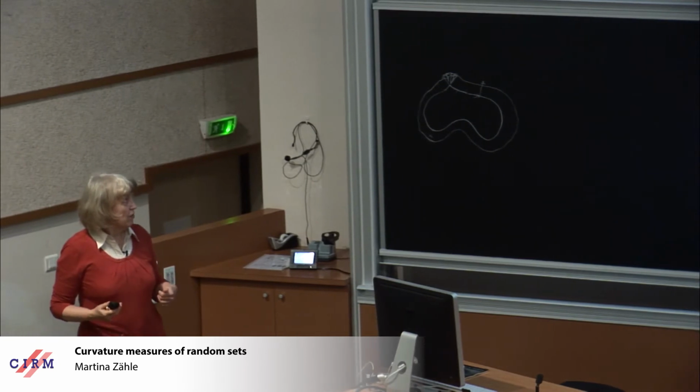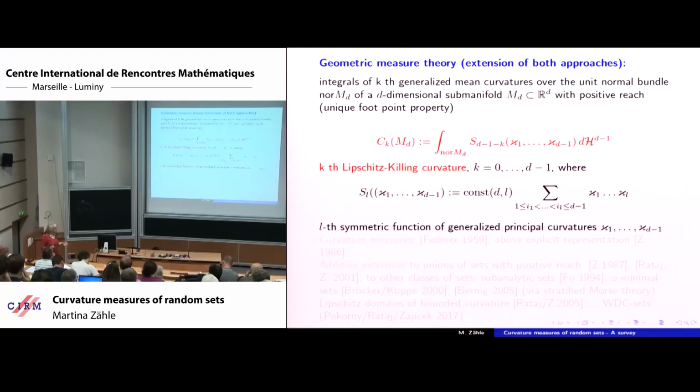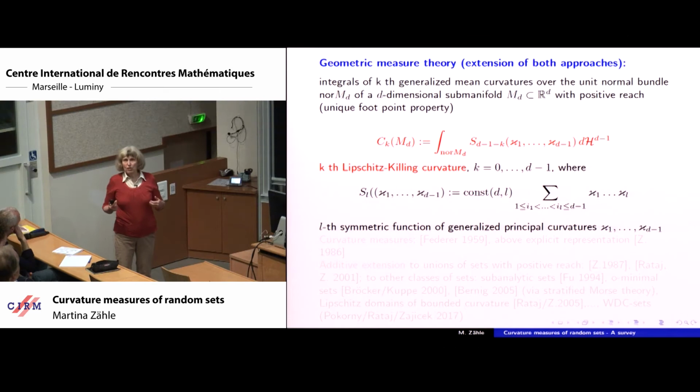And if you integrate over this unit normal bundle, which appears to be a rectifiable set with respect to the Hausdorff measure of dimension d-1, always, independent of the dimension of the set, then you integrate some symmetric functions, but now not with respect to classical principal curvatures, but extended or generalized principal curvatures, which depend on the basic point and on the normal at the given point.